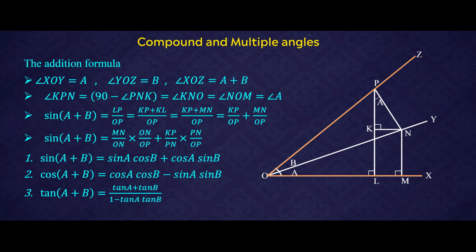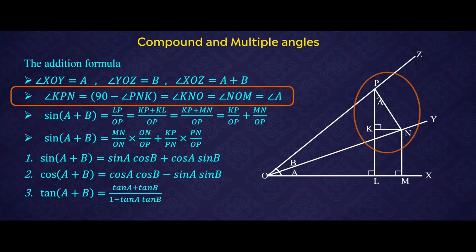This is the derivation. You can see here the angle KPN. What is the shape of that? It is a right angle triangle, so the angle KPN will be 90 degrees minus the other angle. In a right angle triangle, the sum of the other two angles is 90, so if you subtract one of these from 90, it will be equal to angle KNO.